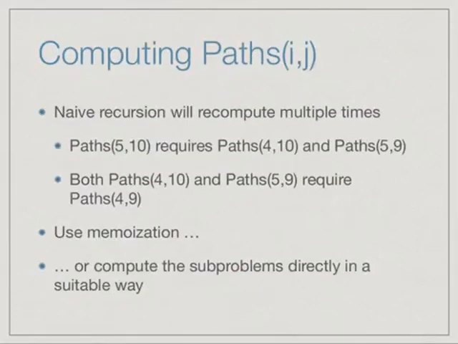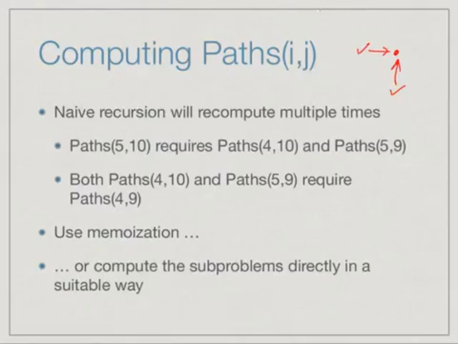So once again, if we now apply this and do this using the standard translation from the inductive definition to a recursive program, we will find that we will wastefully recompute the same quantity multiple times. For instance, paths(5, 10) will require me to compute these two sub-problems, namely (4, 10) and (5, 9).